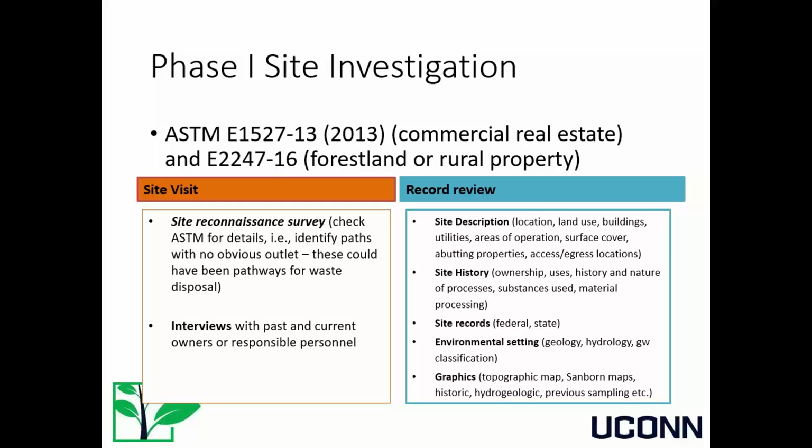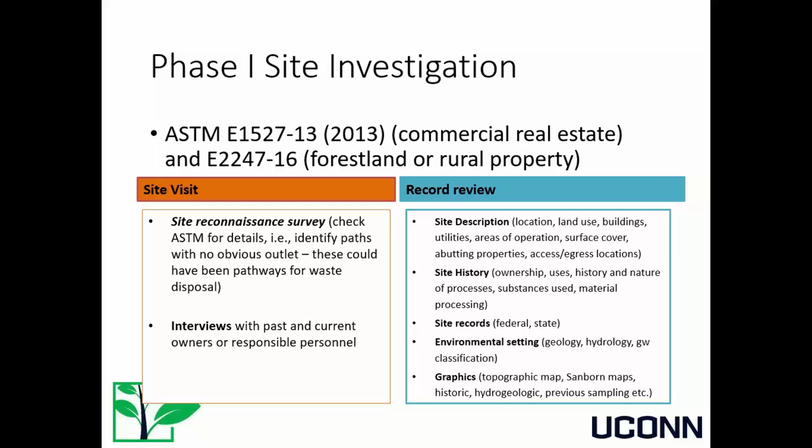The other component of the report is providing adequate information with respect to the site description: where is the location of the site, what is the land use, are there any buildings there, what is the square footage of the buildings, are there any utilities, what is the surface cover, or other information about the site.